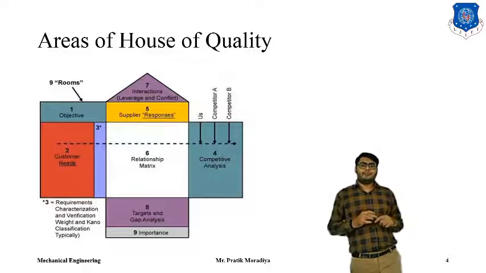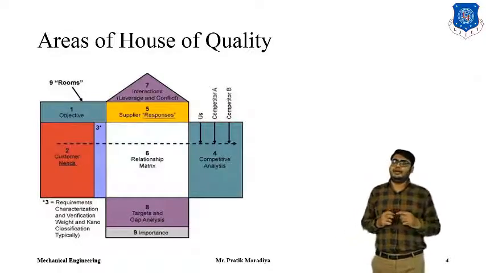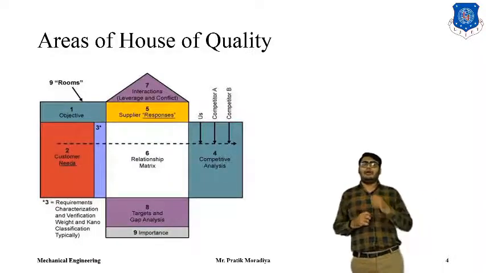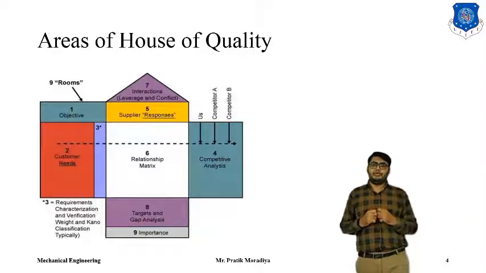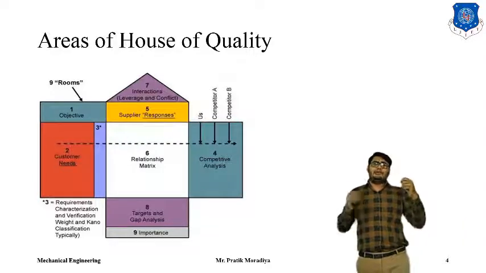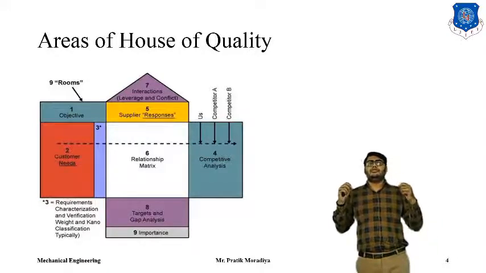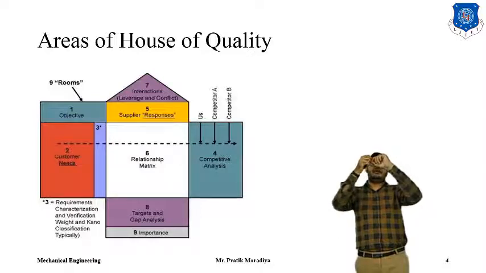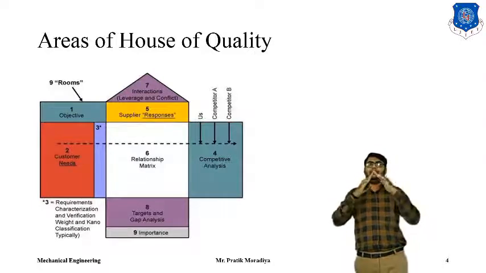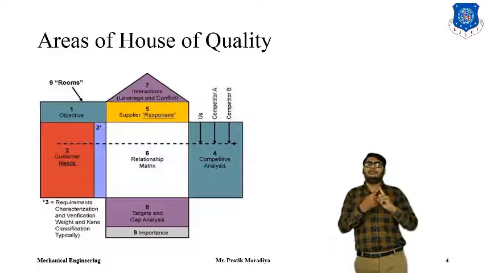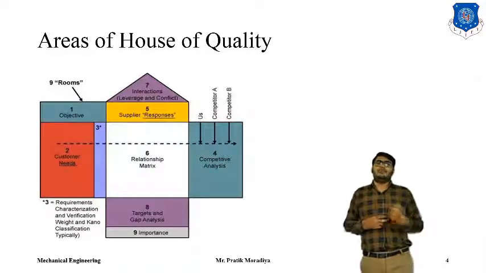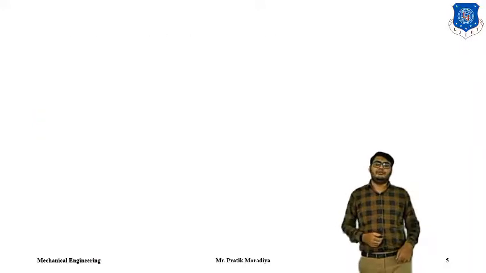For example, if you are providing a product and you plan to give high quality and low cost, high quality and low cost are two different features and both cannot be achieved simultaneously. So there will be an interaction at the roof, where there will be some markings because those are interrelated and they will have some relation. Those relations are captured in the roof.